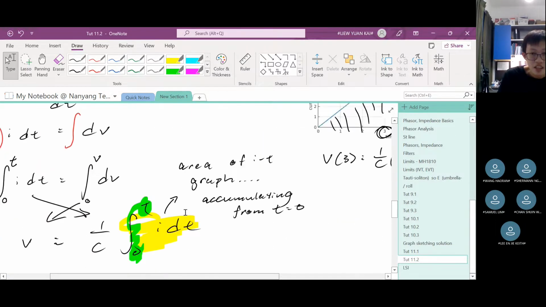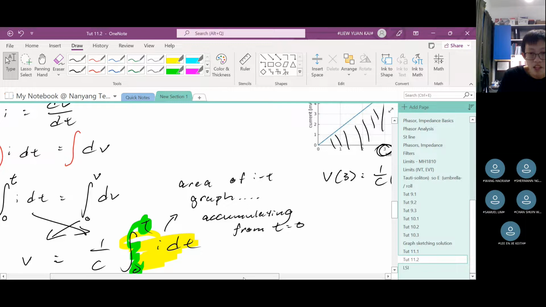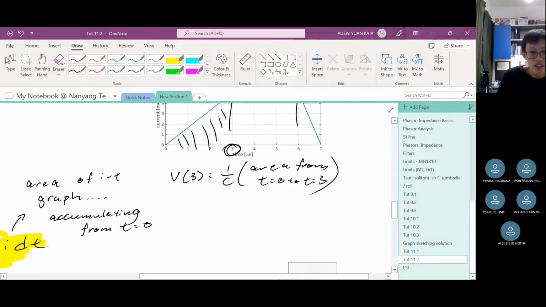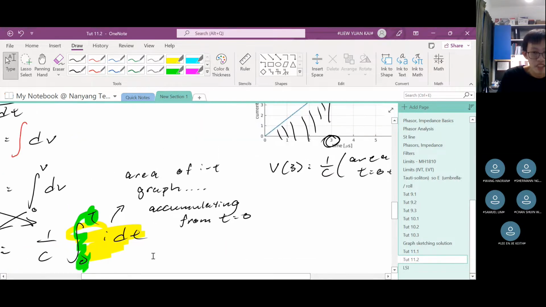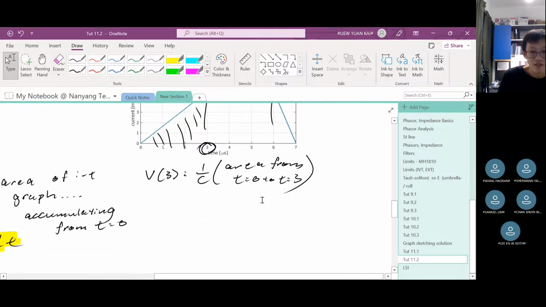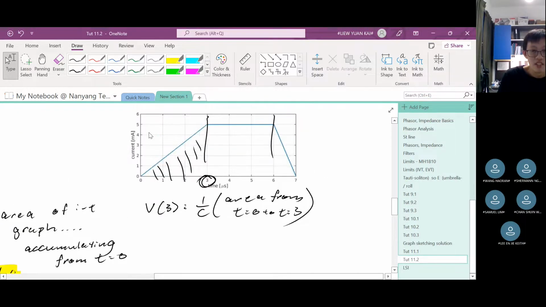This is what I mean. The area of the IT graph accumulating from time equals 0. Okay, that is what I mean by this integral here. So 1 over C times the area from t equals 0 to t equals 3, which is a triangle, right? So you sub in the number, and then area of triangle is given by half base height. So half times the base times the height.